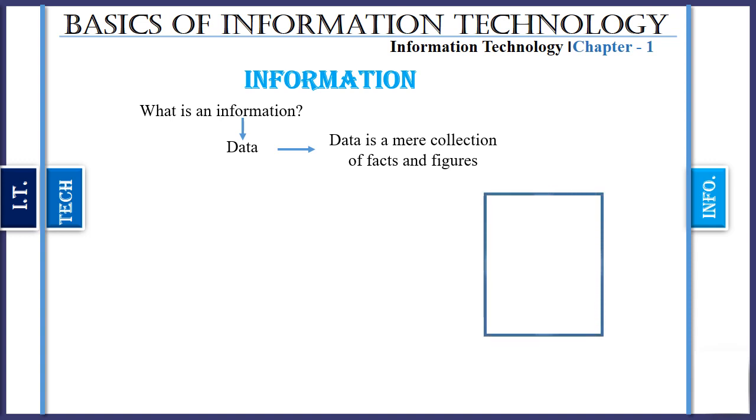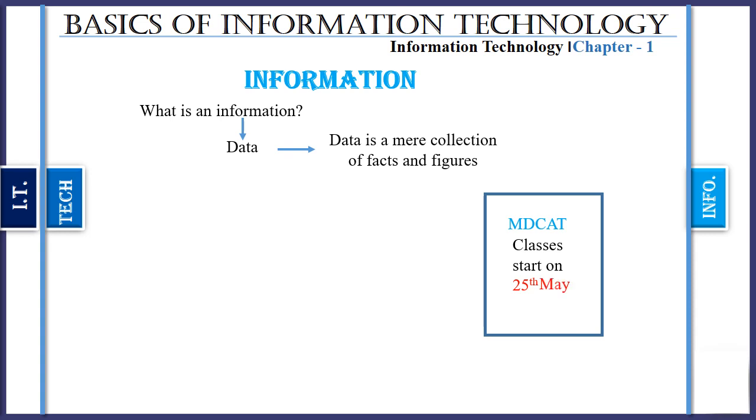For example, if we see a leaflet where "classes start on 25th" is written, it is just data. Or we can say that it is an awkward leaflet. No one can understand what the leaflet is saying or what message it conveys because nothing is mentioned. But if I add the word MDCAT, it gives me a little clarity that MDCAT classes are going to start.